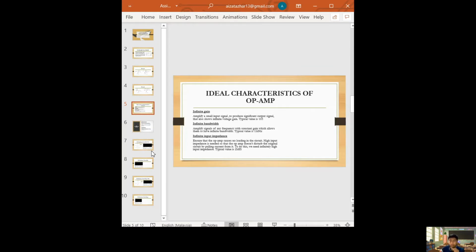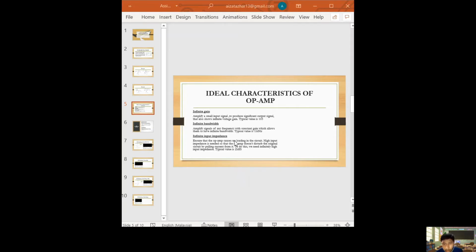Practically, the typical value that we can get, or the highest we can get, is only 10^5. The next one is infinite bandwidth. It amplifies signals of any frequency with constant gain, which allows it to have infinite bandwidth. The typical value is 1 megahertz.